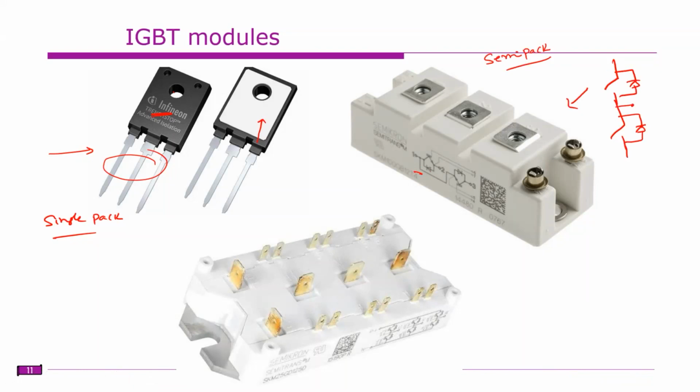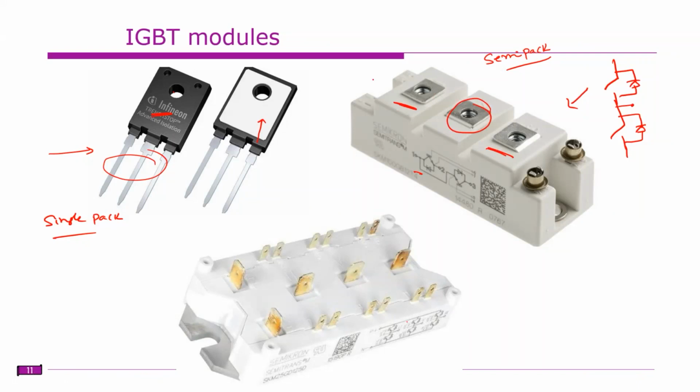That means this will form one phase leg. We can see this is one, two, and both are accessible. This one is the midpoint. So this is a semi pack.